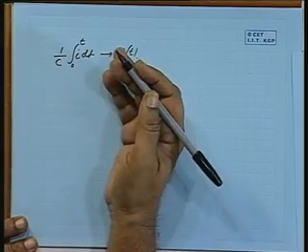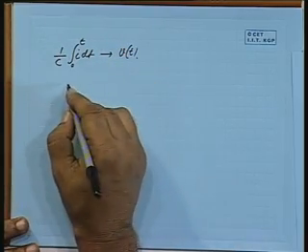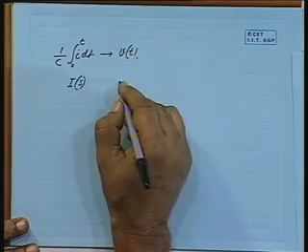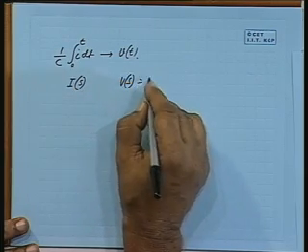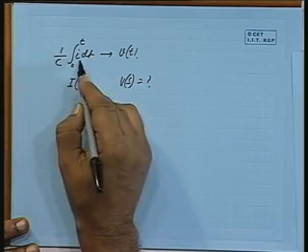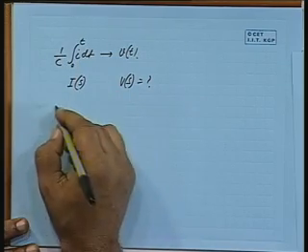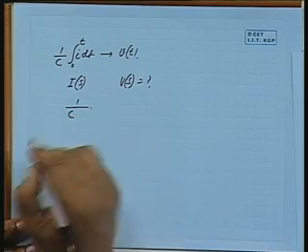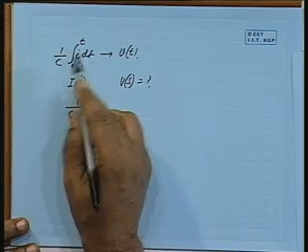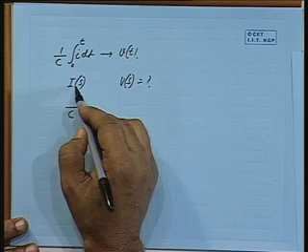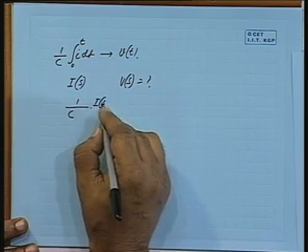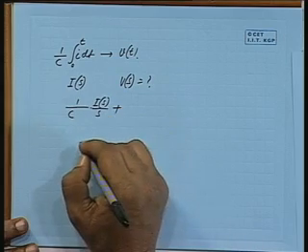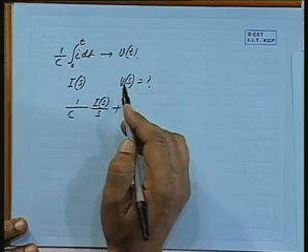If I have to take the Laplace transform of this, given the Laplace transform of i, what will be V(s)? V(s) is the integral of i, is it not? So, if I have to compute V(s), it will be 1 by C into the integral, this means original Laplace transform divided by s, then plus what?